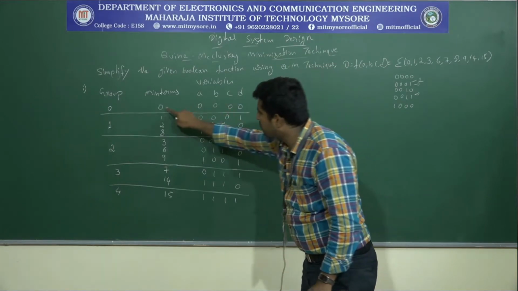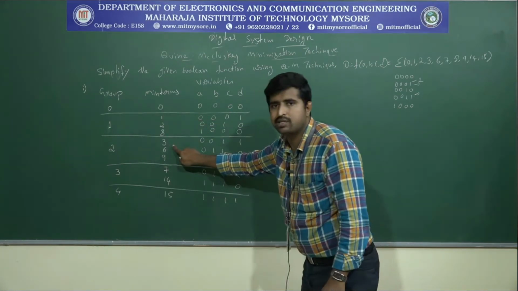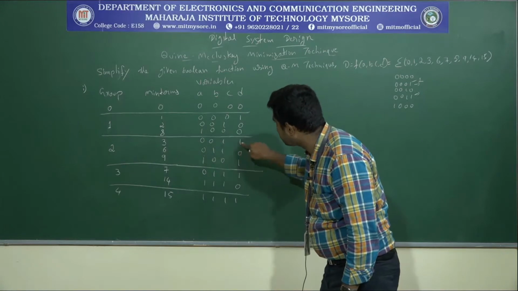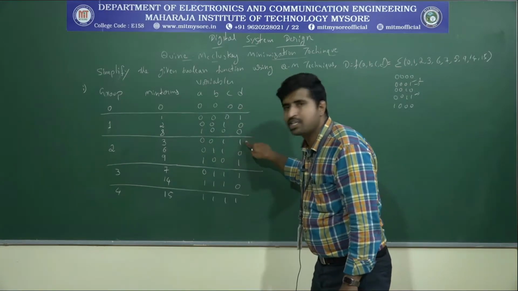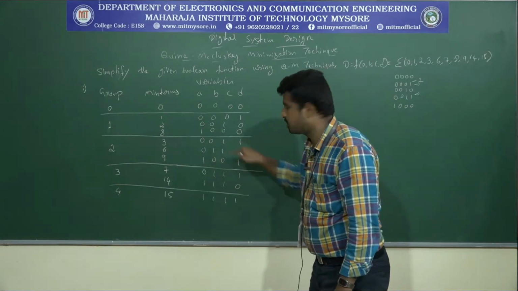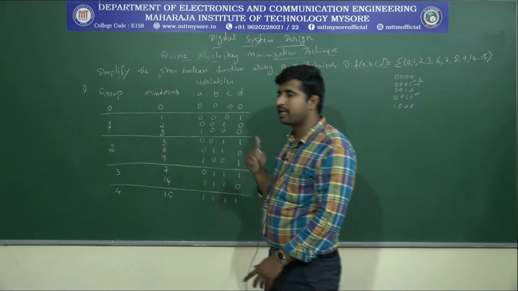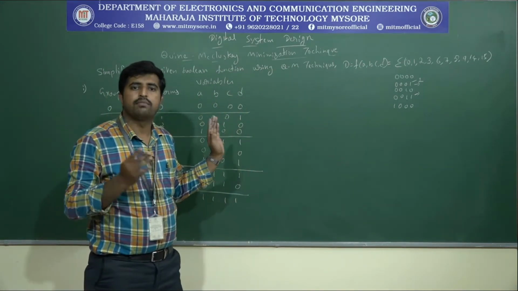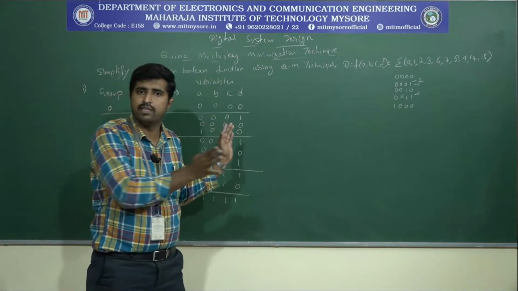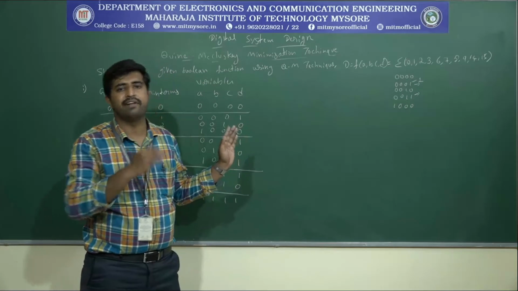So 0 can be grouped with 1, but 0 cannot be grouped with 3, because see 0, 0, 1, 1 and 0, 0, 0, 0: here 2 literals have changed. So we are not able to group. That is the one criterion we need to consider for grouping. Why do we need to group? Because, as in Boolean algebra or a K-map, it is to remove the redundant variables.